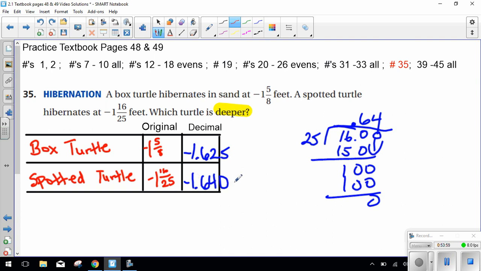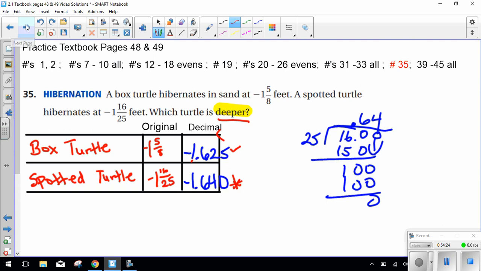And your solution is this guy. This guy is deeper into the ground. Actually, when we talk about deeper or distance, we want the greater absolute value. So if you're kind of stuck, you're like, wait a minute, why isn't it the box turtle? Well, he has a smaller absolute value than this one. So my solution is spotted turtle.